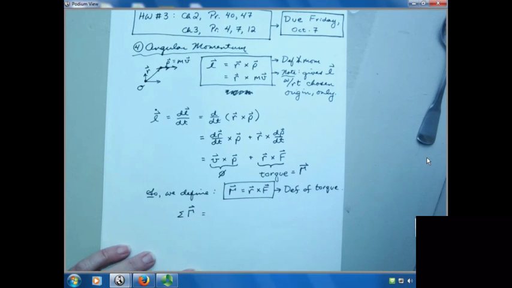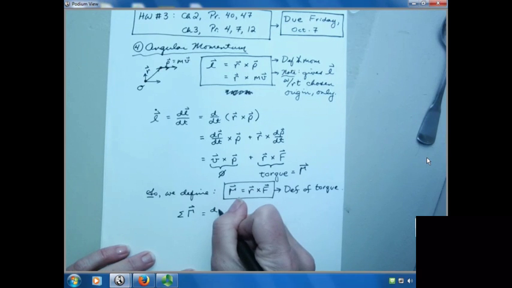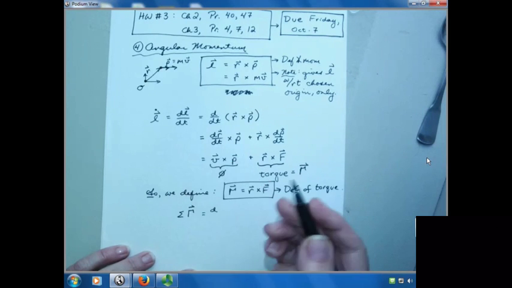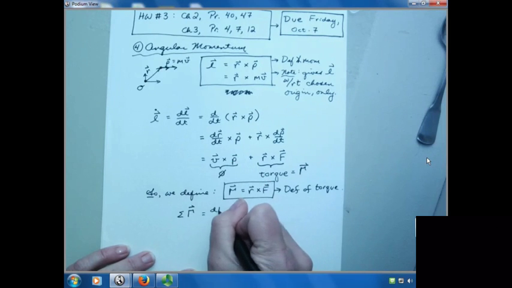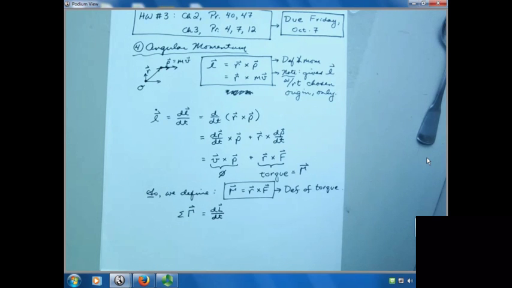I could write a lowercase l there, but that is only for our point particle. This is actually going to hold more generally for extended systems and multi-particle systems, so I'm just going to write it with a capital L. Capital L is a sum of lowercase l's, just like capital P was for momentum when I had multiple momenta or momenta of an extended object, which is just a bunch of point particles.